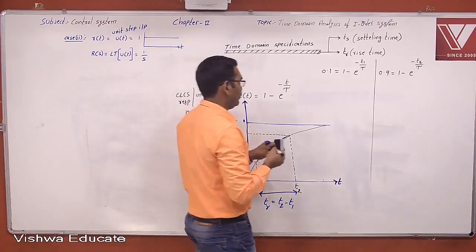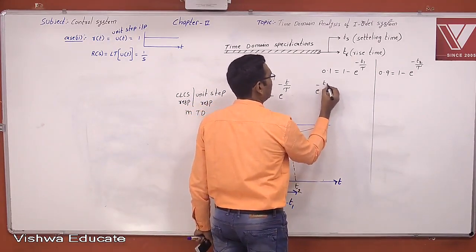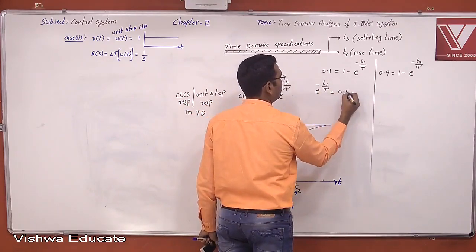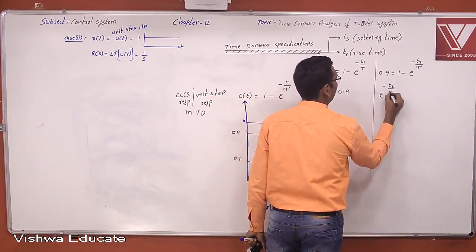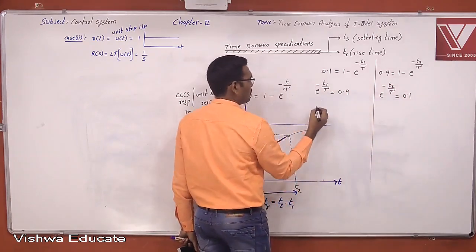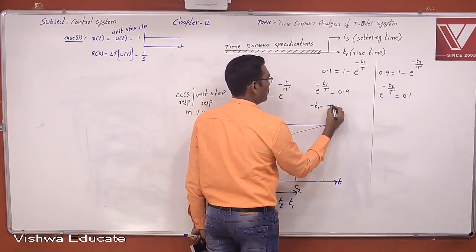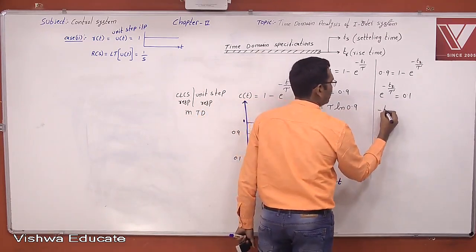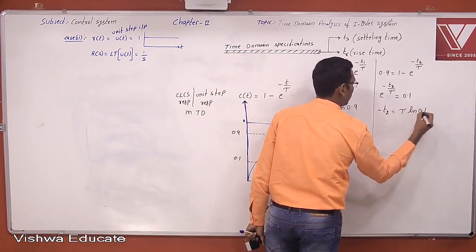So e power minus T1 by tau is 1 minus 0.1, which is 0.9, and e power minus T2 by tau is 1 minus 0.9, which is 0.1. So minus T1 equals tau into natural logarithm of 0.9, and minus T2 equals tau into natural logarithm of 0.1.